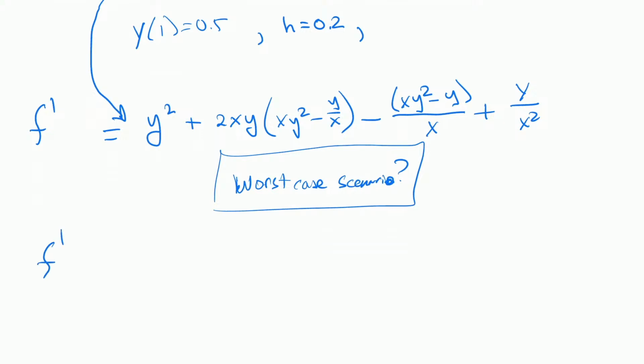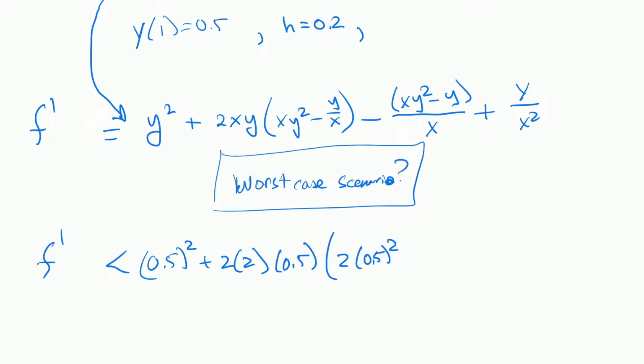We want to do some calculus to get a better error estimate, but let's use something like, how about this? That we think that f will be less than, let's use 0.5 for y, 2 times, let's use 2 for x, just to say that that's the worst it could ever be, at least on the interval that we're working on, 0.5, and then this will be 2 times 0.5 squared minus, let's not even compute that part, because I want to get like the worst case scenario.